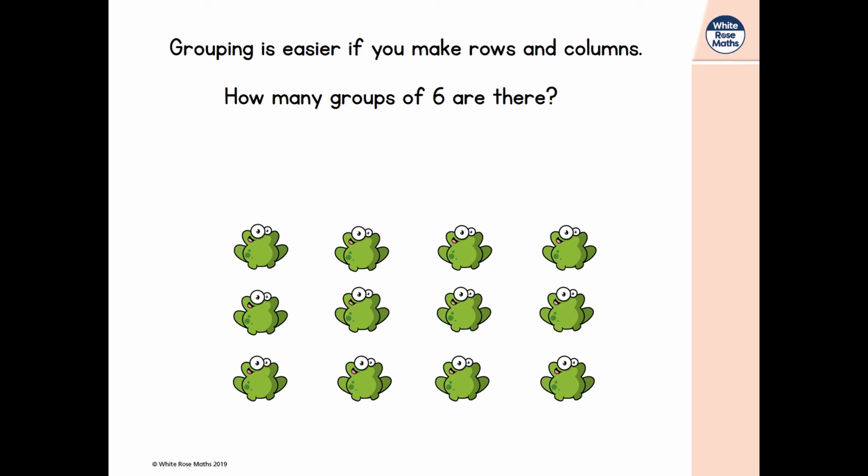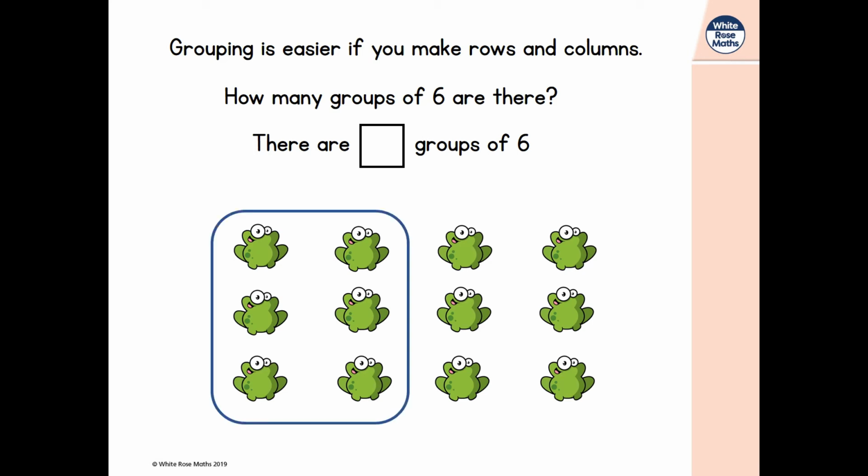But how many groups of 6 are there? Well, let's group them. Let's put 6 frogs in one group. There. There's one group. And there's 2 groups. So, there are 2 groups of 6.